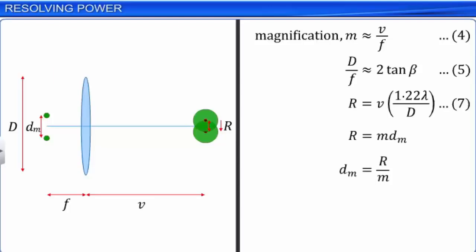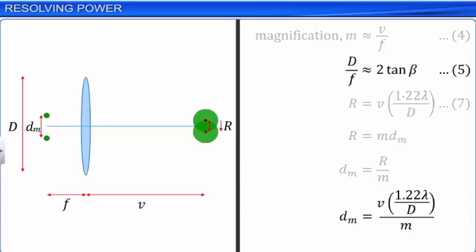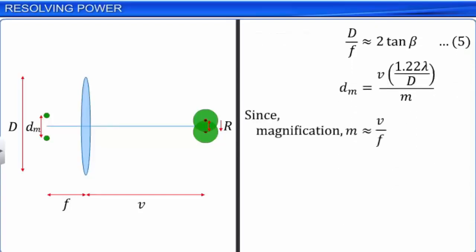On substituting the value of r from equation 7, we get dm is equal to v into 1.22 lambda by d, whole divided by m. Since magnification m is equal to v by f, f is equal to v by m.